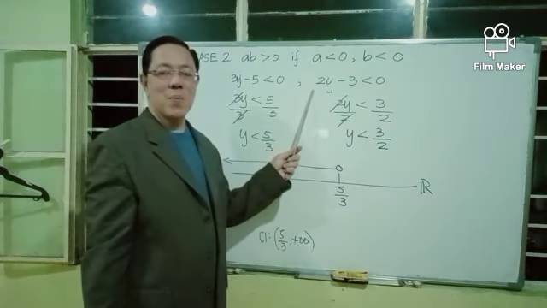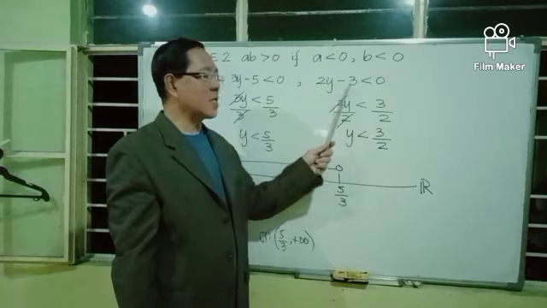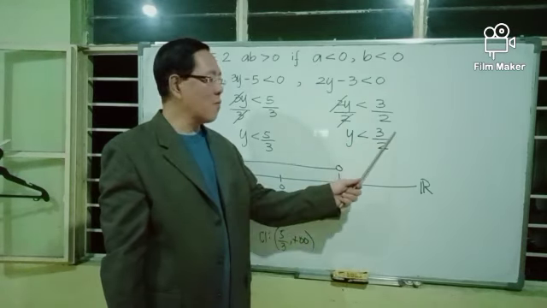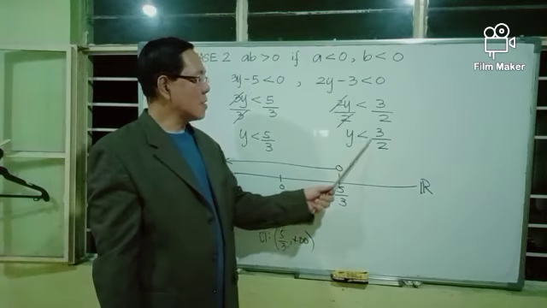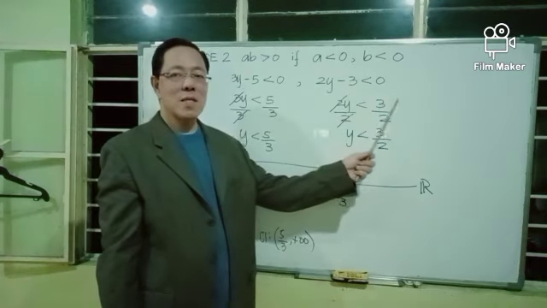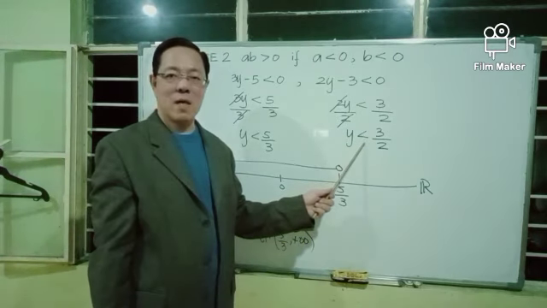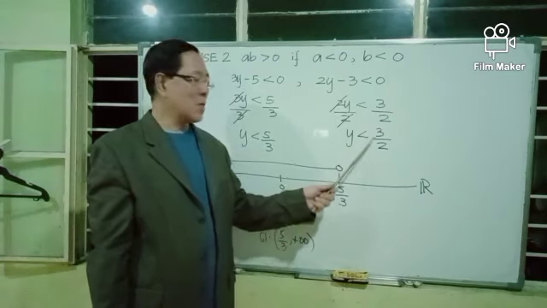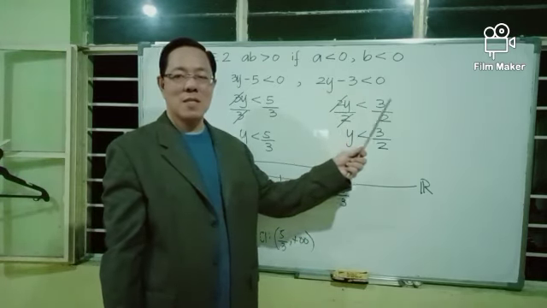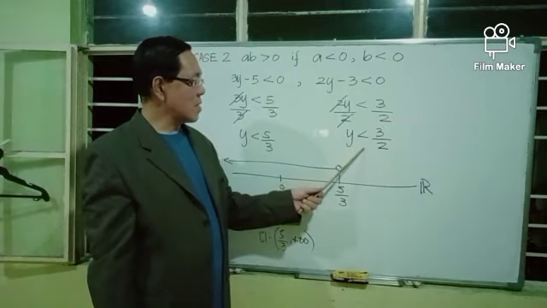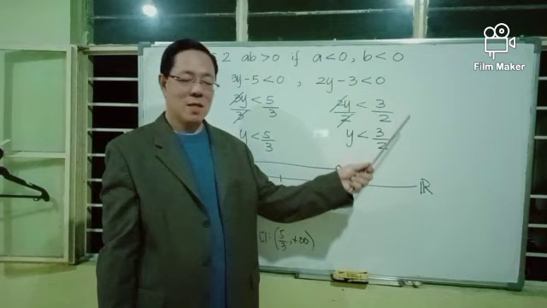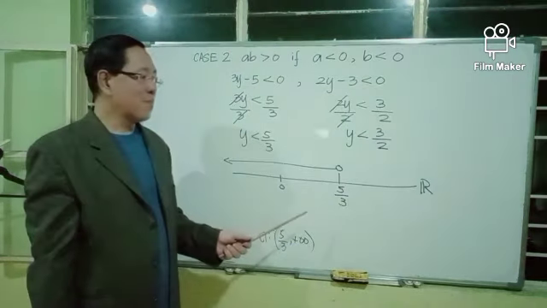The solutions of the linear inequality 2y minus 3 less than 0 are the real numbers that are less than 3 over 2. And 3 over 2 is not one of the solutions of this linear inequality because there is no equal sign here. Hence, y equals 3 over 2 is not a solution of 2y minus 3 less than 0. And we represent this solution of this linear inequality in a diagram.